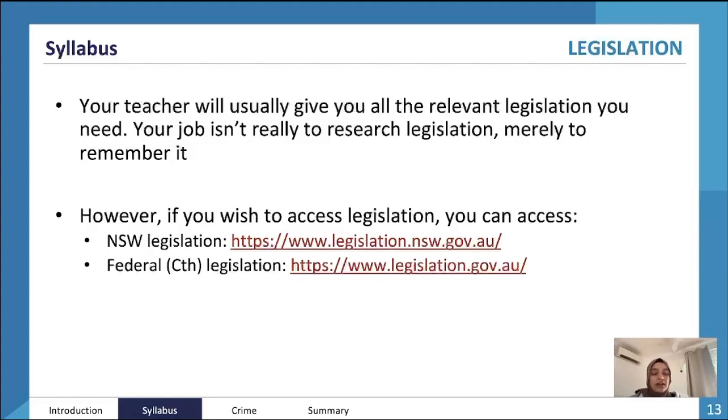That will be a very tough ask for anybody, so please don't leave things to the last minute. However, if you want to do a little more research into legislation, I've got a couple of links there for you to access as well.